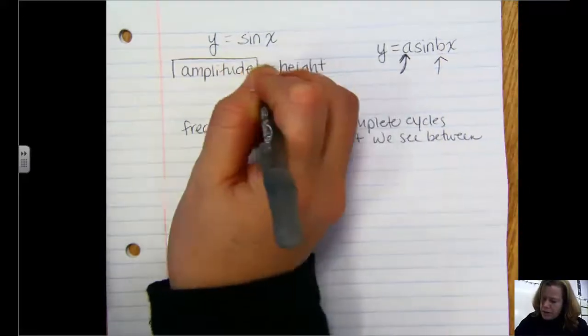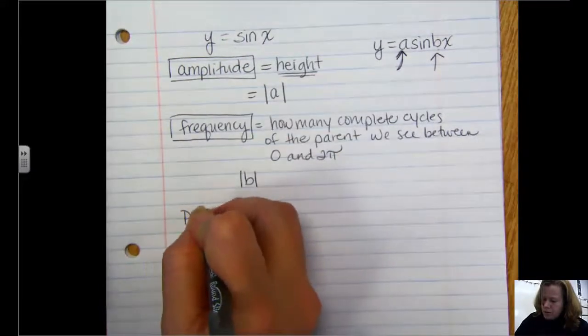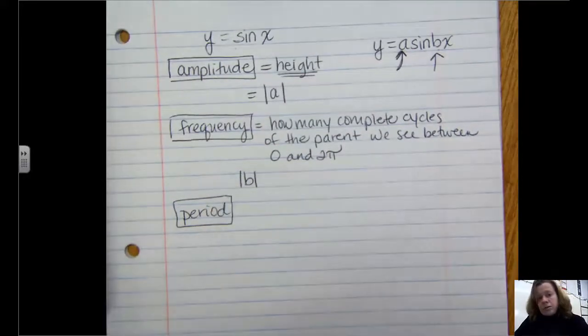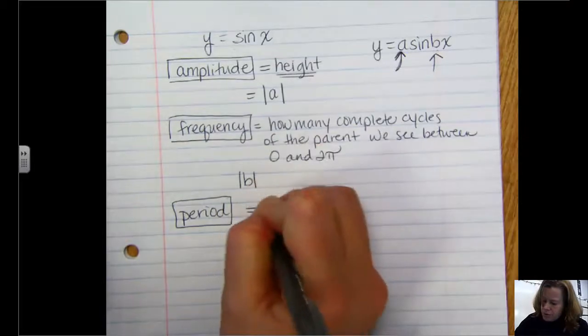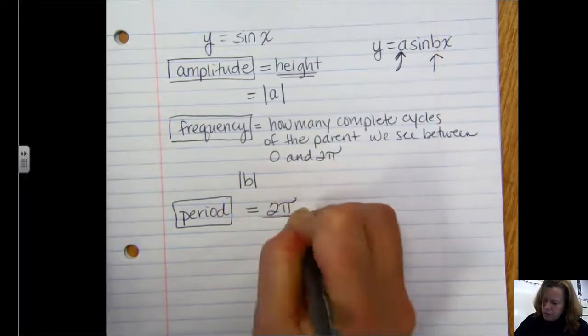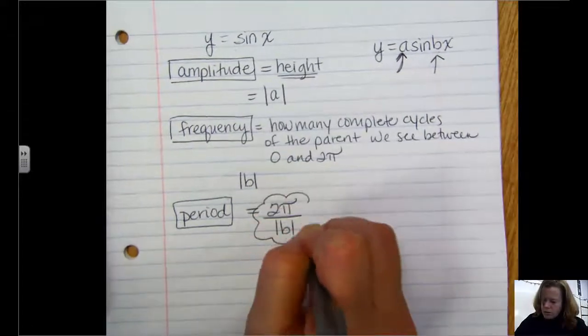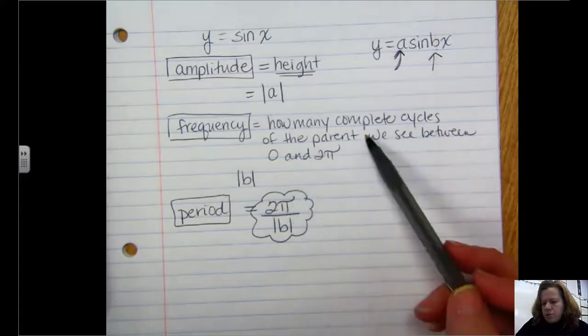The last key feature, the last real vocab word today, is what we call period of a graph. This is a formula you need to know. They ask it all the time. The period formula is 2 pi over the frequency, over the absolute value of b. It's another formula you'll want to write down. And notice we use frequency within our period formula.